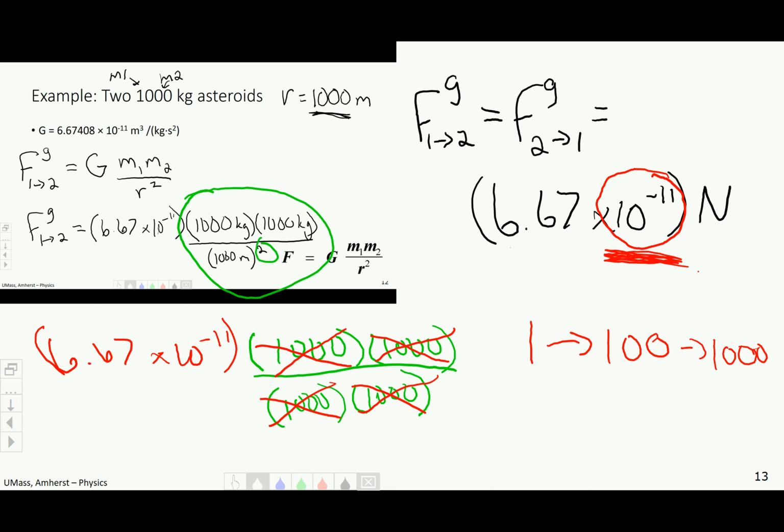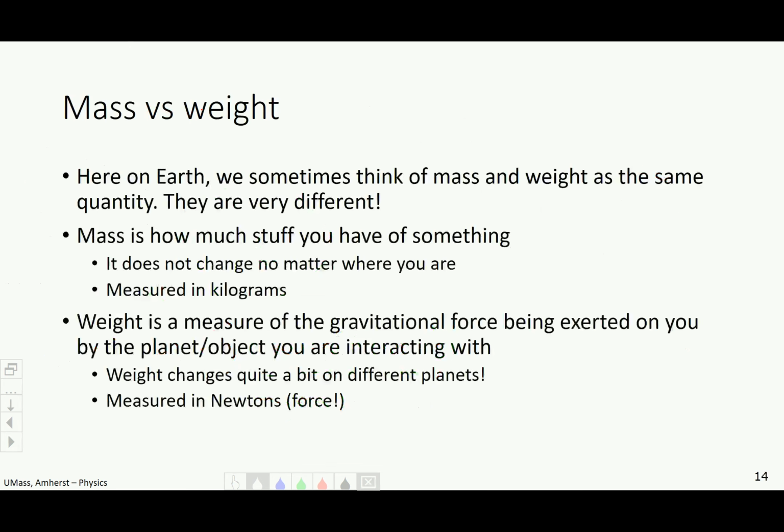It seems to be very weak in the grand scheme of things compared to the other forces that we experience day to day. The reason that gravity seems so massive or so inescapable on Earth is because we're not dealing with 1,000 kilos. We're dealing with a lot more mass when we talk about the Earth.